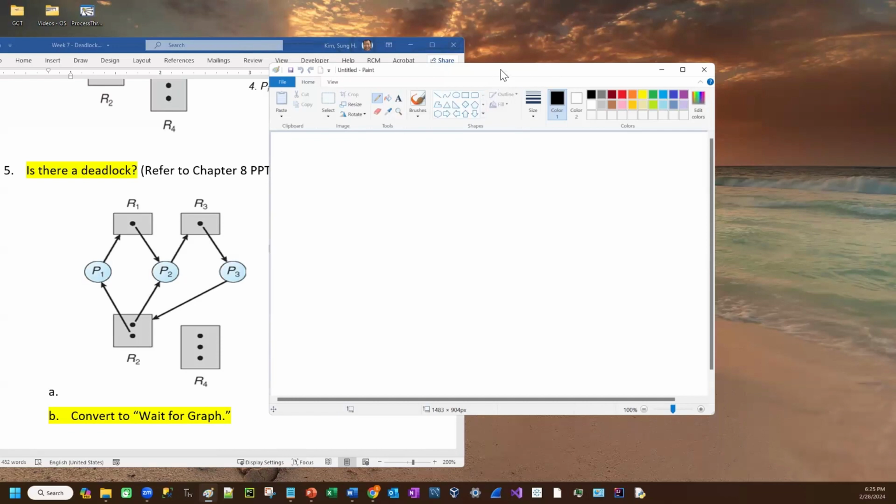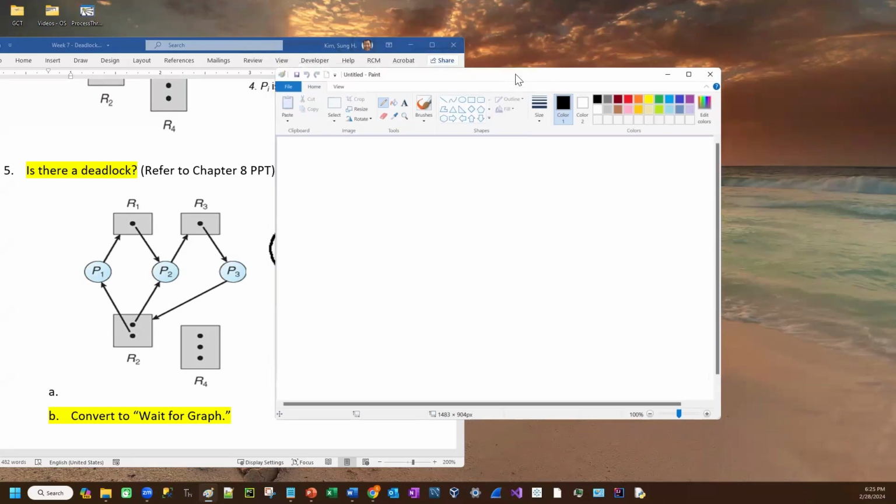The first thing that you want to do is, given a RAG, find: deadlock, yes or no, right?